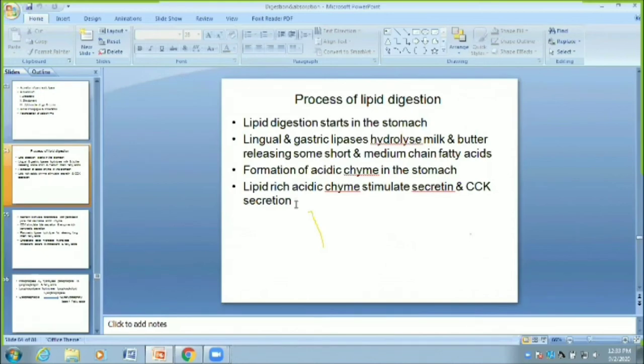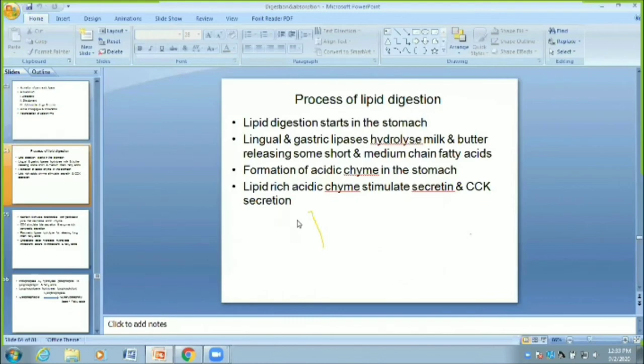They act in alkaline medium. Most of the enzymes favor to act in alkaline medium, excepting three enzymes. Number one, pepsin. Number two, lingual lipase.